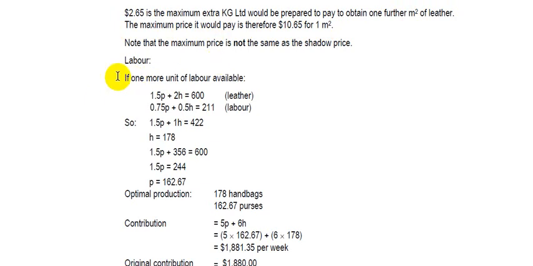We move to labor. Again, you do the same thing. Labor, we are at 210. So you add one more labor. You go through again your simultaneous equation.